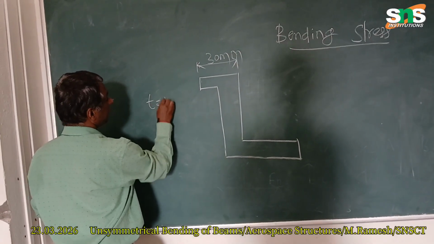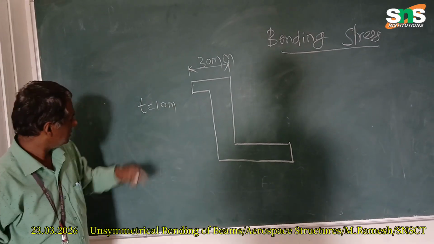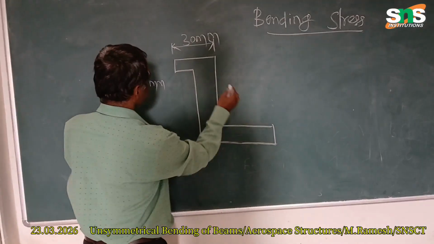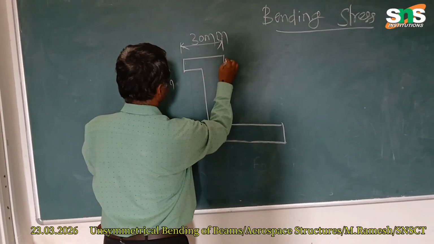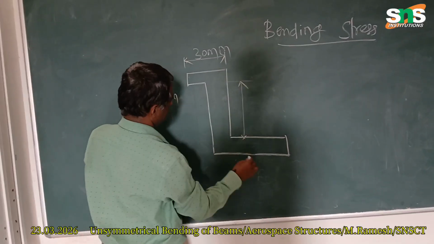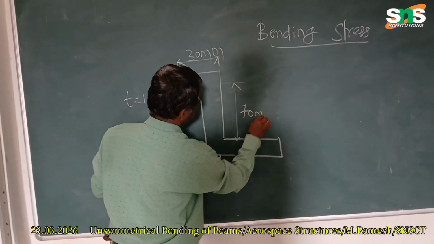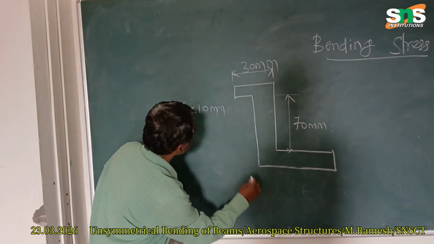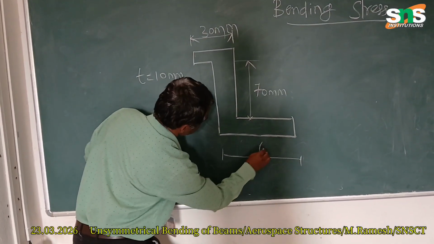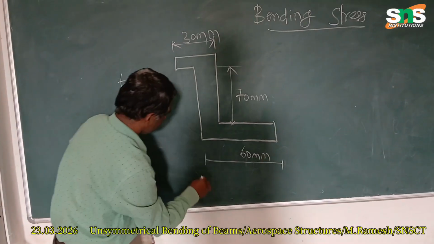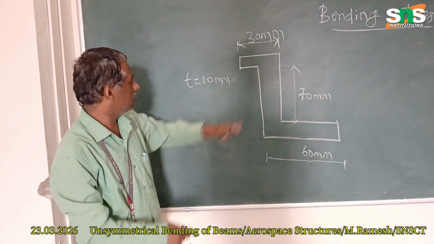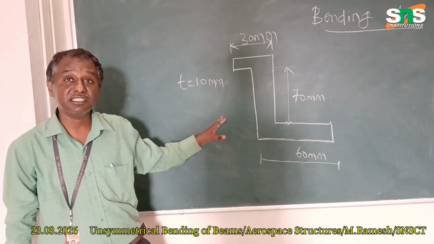Let's take this as 10 mm uniform thickness, and the web height is 70 mm. Then the bottom flange is equal to 60 mm. These are the dimensions of the given Z section or unsymmetrical section.